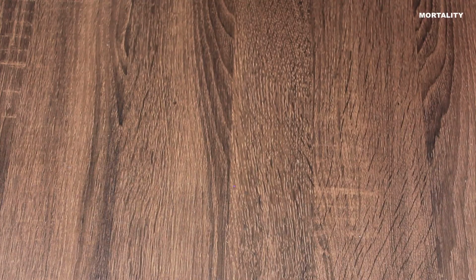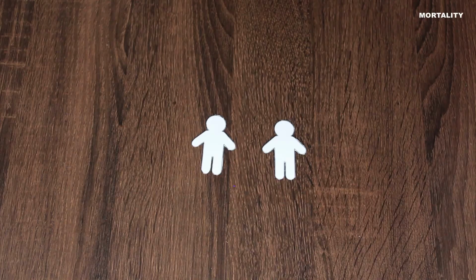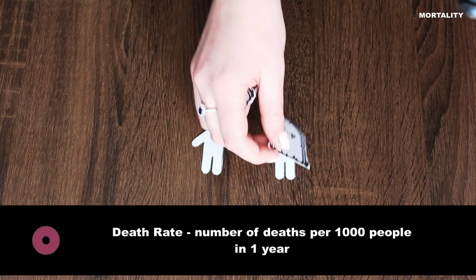Let's look at a few population indicators now that revolve around mortality. Now let's look at death rate, also known as crude death rate. Remember what we said earlier about a crude rate. Crude death rate therefore includes everyone who has died regardless of age or sex. Death rate is the number of deaths per 1,000 people in a given year.